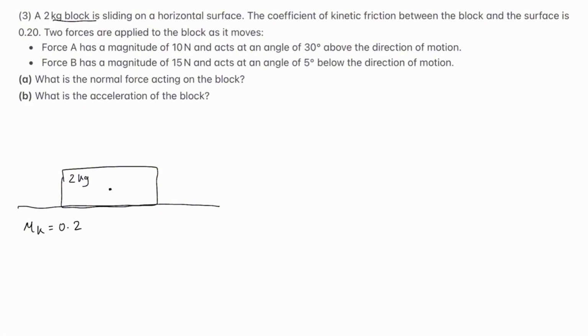Two forces are applied to the block as it moves. Force A has a magnitude of 10 newtons and acts at an angle of 30 degrees above the direction of motion. So let's assume the direction of motion is to the right in this problem.